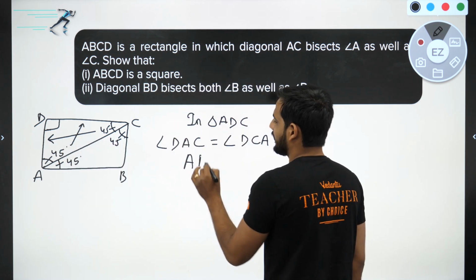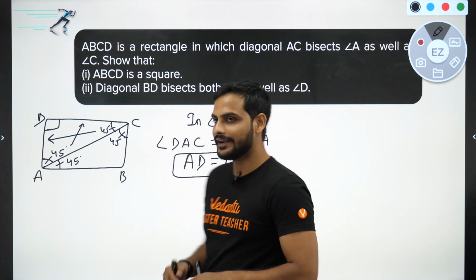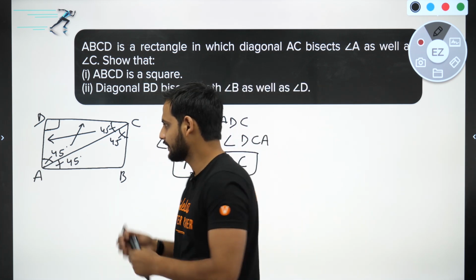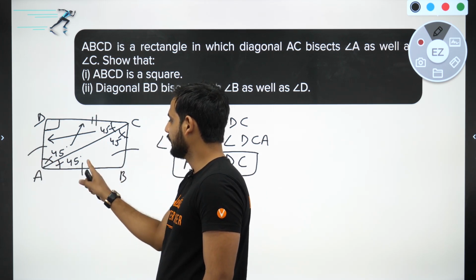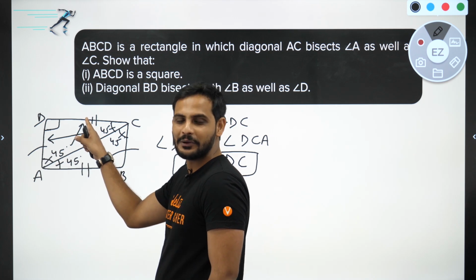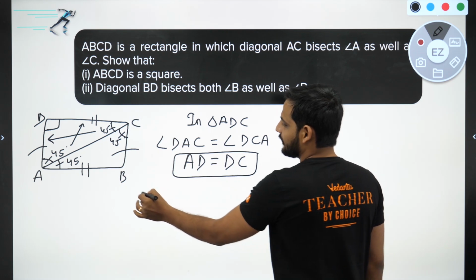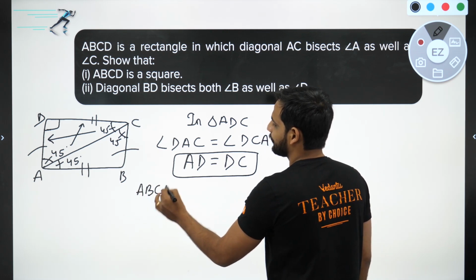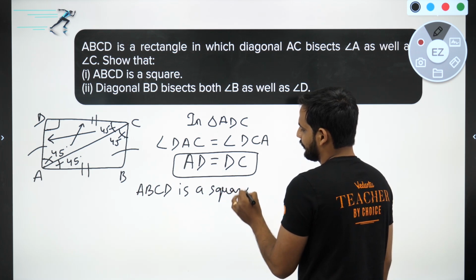Now in a rectangle, opposite sides are equal, we already know. And if this and this are also equal, then all sides are equal. So if AD is equal to DC, I can say ABCD is a square.